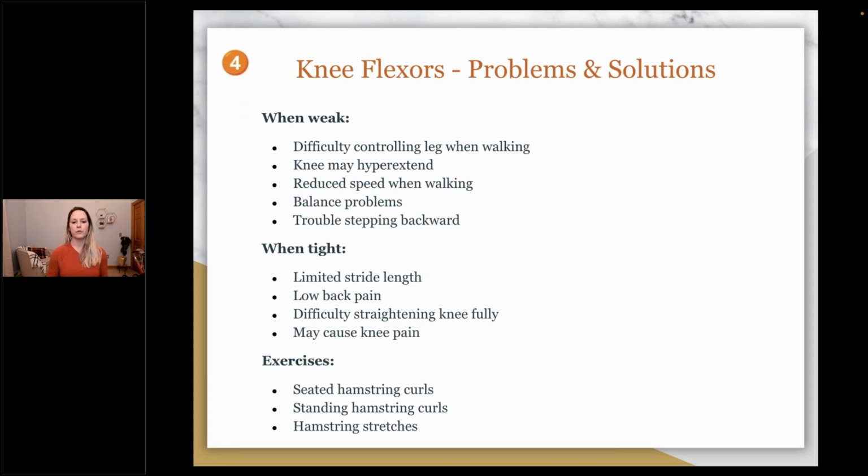You might notice difficulty balancing, because again, you might feel that wobbly, and you might feel any type of knee pain on the front or back of your knee due to muscular imbalance. Some exercises that you can do for knee flexors or your hamstrings are seated hamstring curls, standing hamstring curls, and hamstring stretches. So let's review those.